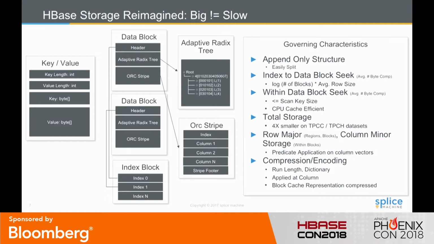All your backups, divide them by 4. All your replicated environments globally, divide the space they need by 4. So this is significant for us because as you have a bloated storage structure, everything's harder. Compactions are harder. Scanning for analytics is more difficult. Backups are more difficult.